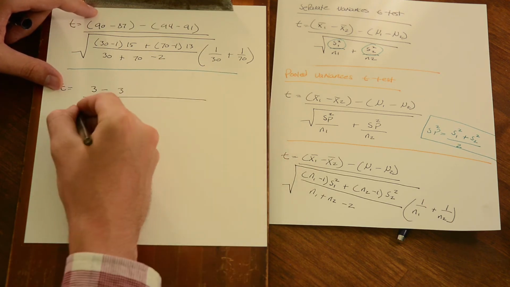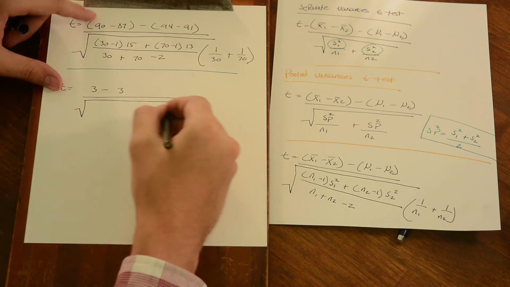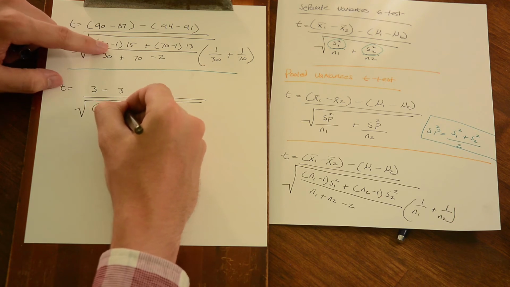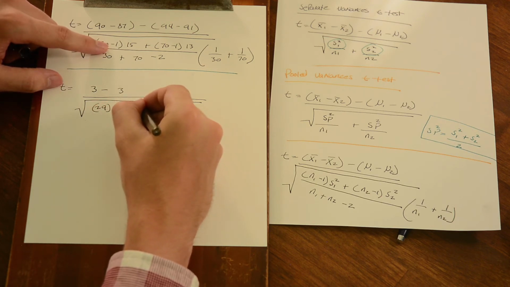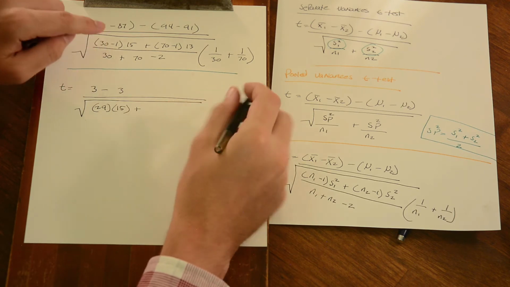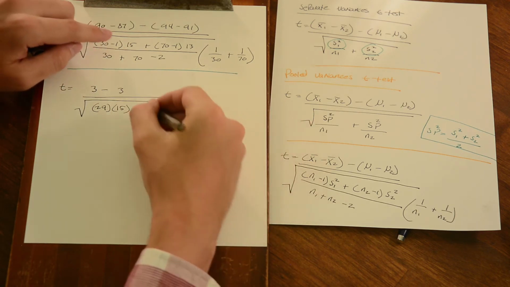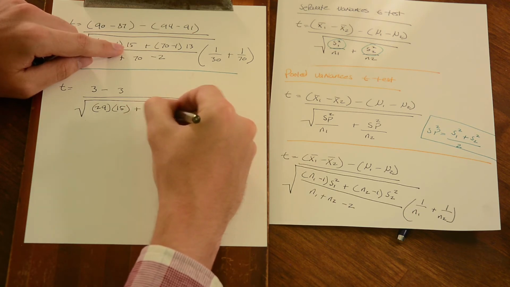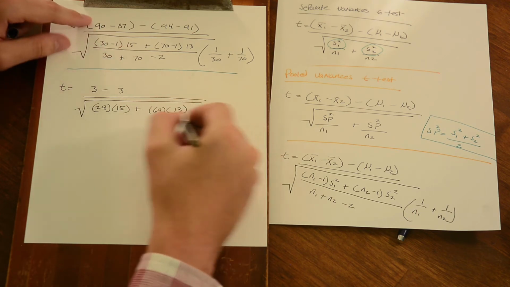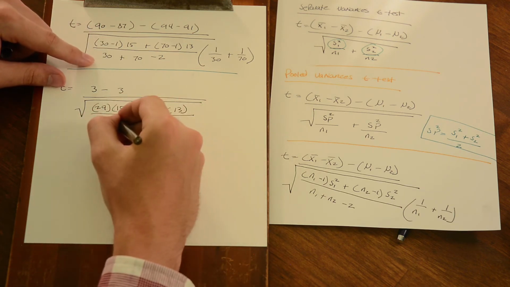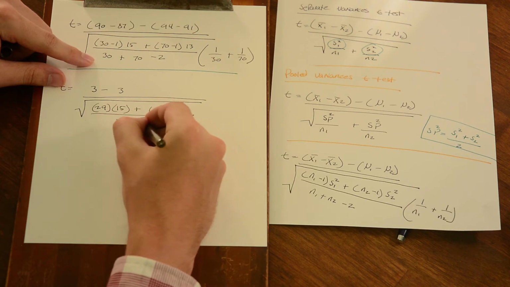And that is over the square root of 29 times 15. Let's just put that in parentheses so I stay on track. Plus 69 times 13. And that is over 30 plus 70 is 100 minus 2.